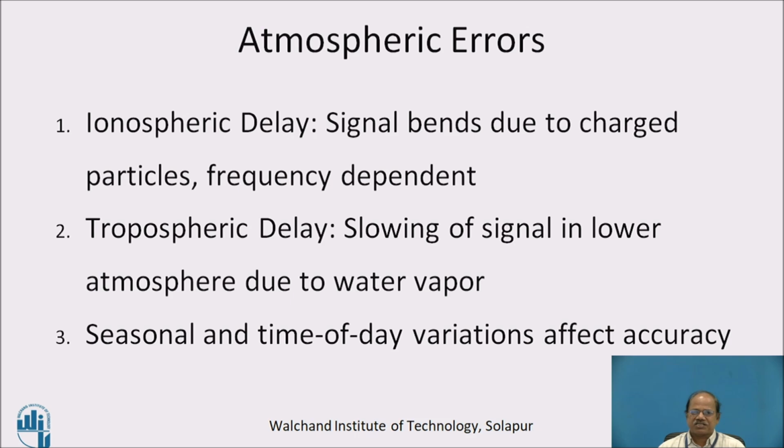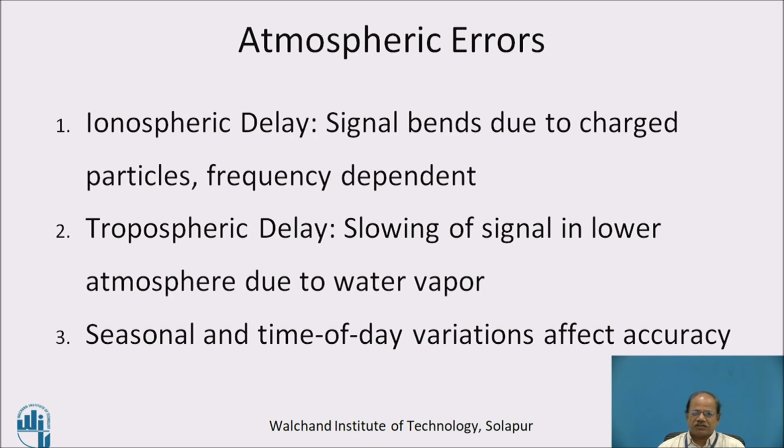The signal bends due to the charged particles, bends in the sense of refraction, and that will of course impact the error. So, due to this charged particles bending or frequency dependencies, ionospheric delay is likely to happen. And if the delay happens, obviously the time recorded by the user will be different, because of which error will be there in the positional coordinates.